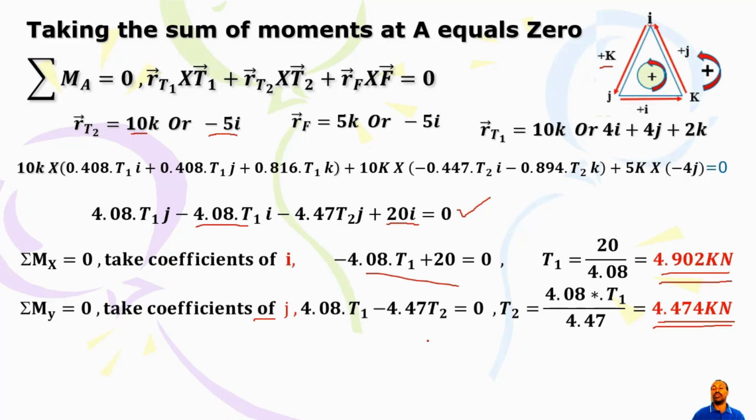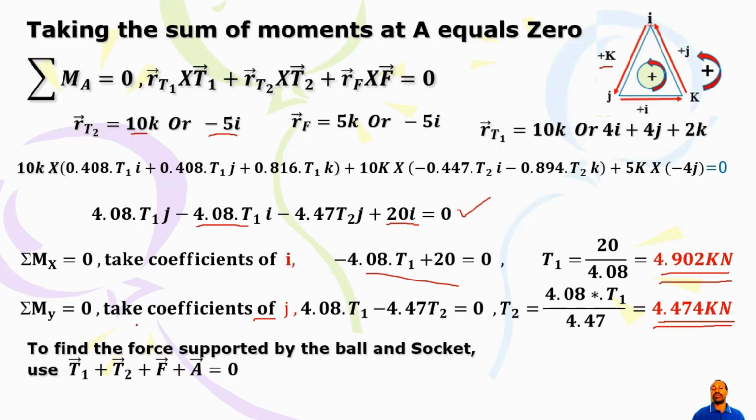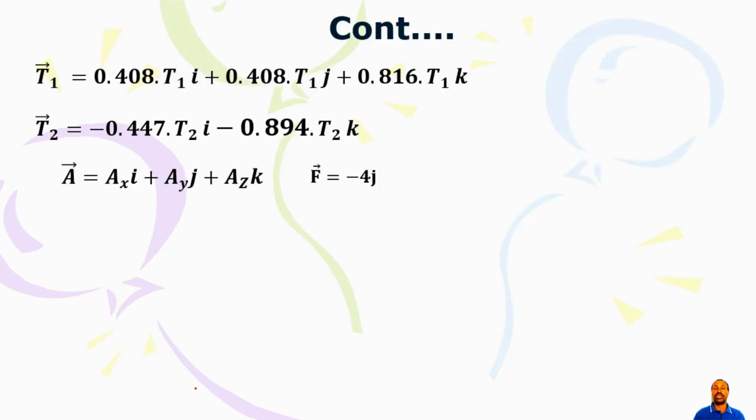So once you find the T1 and the T2, then you can find the force supported by the ball and the socket joint, you just sum up all force vectors equal to 0. Then a similar procedure, you go take coefficient of I, coefficient of J. So in the previous, we put T1 in the first, T2, F vector, and A vector.